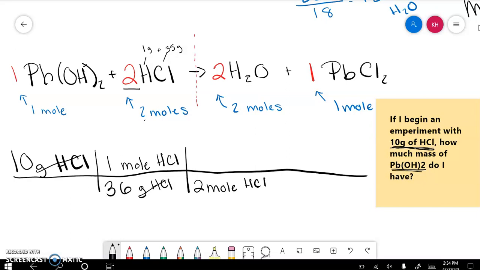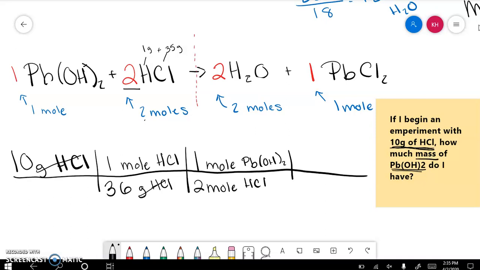So we've got 2 moles of HCl. And then I want to look at what I'm going to. So how many moles of PbOH2 do I have? And so we look back at our balanced equation. We didn't change it, so we put a 1 in front. That tells us we have 1 mole.